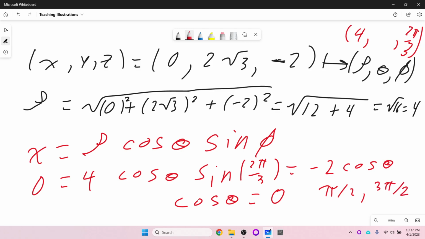So like last time, we have to use what we know here. Well, y is positive. Since y is positive, that means it must be pi halves. You know, we are in the xy plane. The projection would be up here somewhere. So since y is positive, it's positive pi halves. So that's our answer: 4, pi halves, 2 pi over 3.